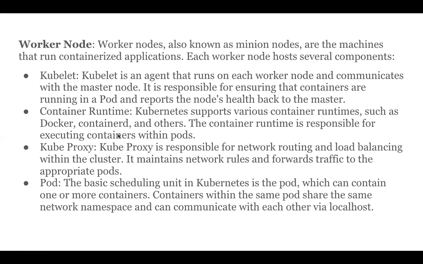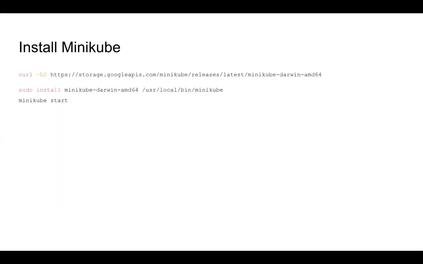Now, this much is for theory today. Let's get into action. What we do is install minikube, because on your laptops, in order to practice, you do this. You don't actually go ahead and install clusters and everything. So the command which you will use is this. What image you're going to pull depends upon the operating system of your laptop.